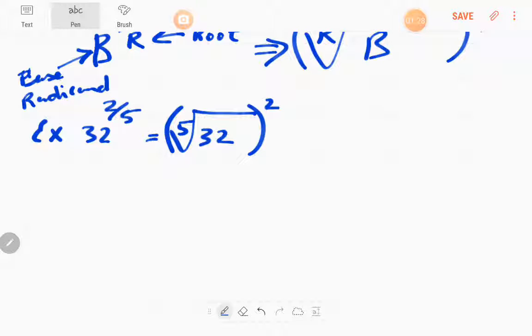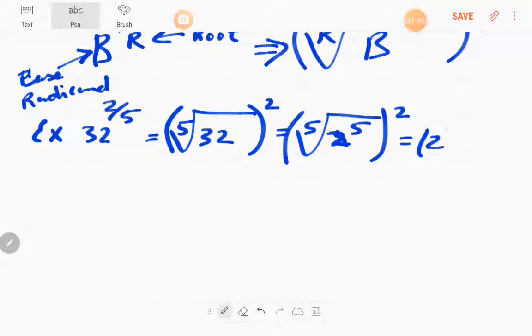So we could replace that 32 as 2 to the 5th power. So if we have the 5th root of 2 to the 5th power, it just becomes 2. And now raised to the second power, that will become 4.